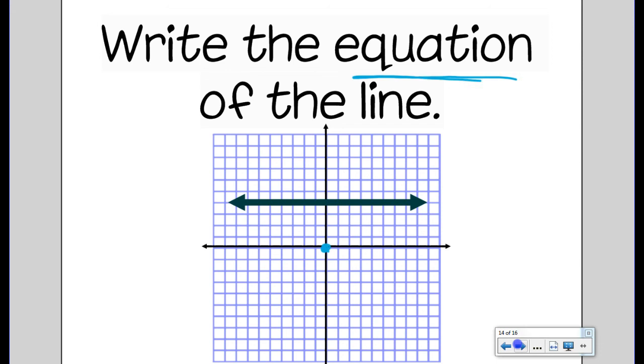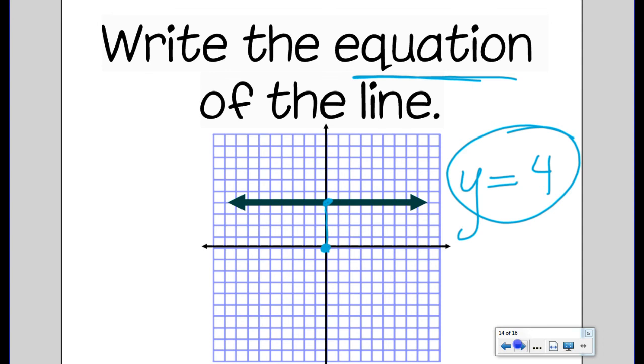You're at home base, you're at 0, 0. How do you get to that line? What do you travel on? The y-axis, and how far do you travel? You travel 1, 2, 3, 4. You've reached your destination. Y is 4, and that's all there is to it. Y is 4. You travel on the y-axis. Y is 4.